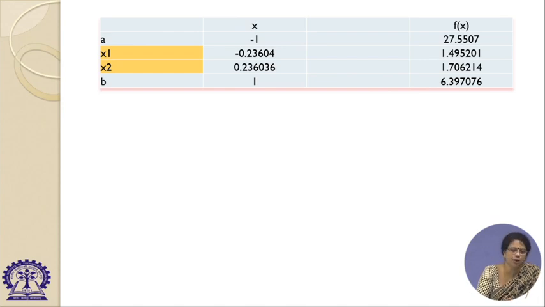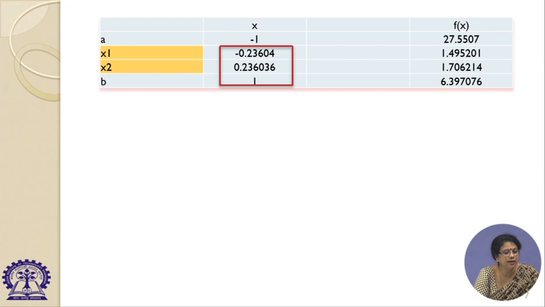What is the trend of functional values? If we see, the functional values are coming 27, 0.5507, next one is 1.49, next one is 1.7, and next is 6.3. All right.